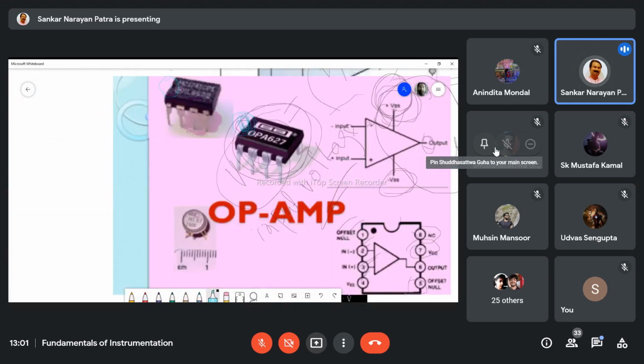That is called a notch. That notch should be on the left hand side, and according to that you have to put this IC on the breadboard to make a connection like an amplifier or non-amplifier, whatever.